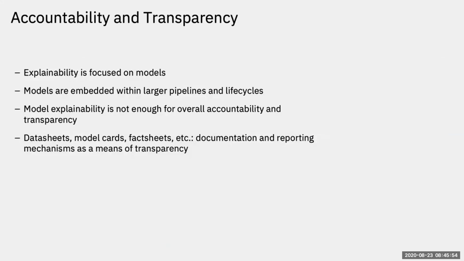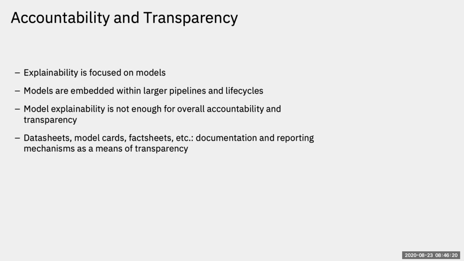Explainability is focused on data and models. That's a narrow part of the overall life cycle of creating machine learning and AI pipelines. Models are embedded within these larger structures, and model explainability is not enough to give us an overall picture of the accountability and transparency of what's going on.